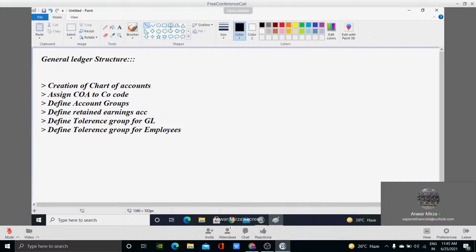Now the first point here is chart of accounts. Any idea what is chart of accounts? Is there any idea of chart of accounts? What is chart of accounts?